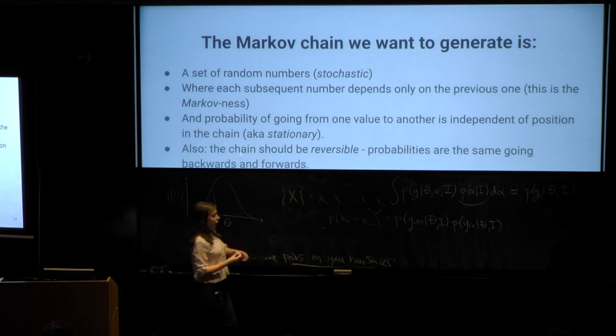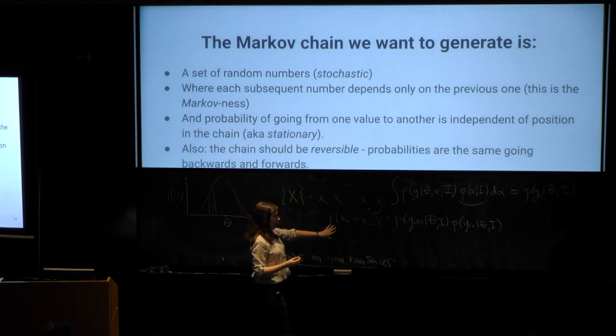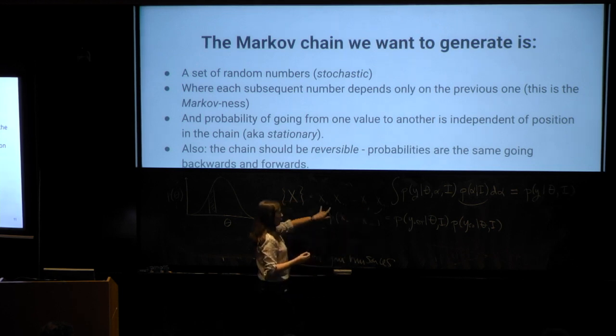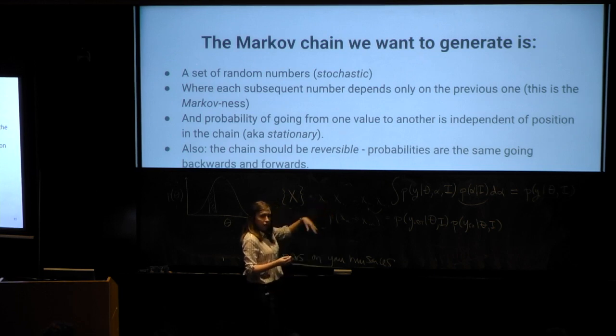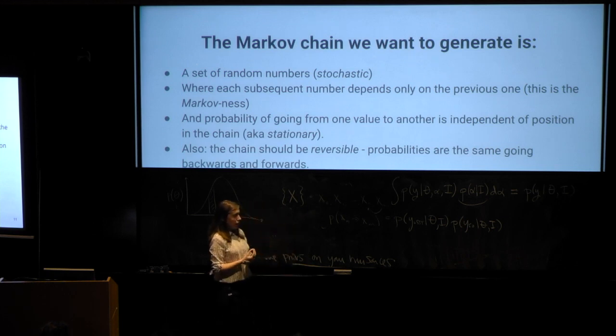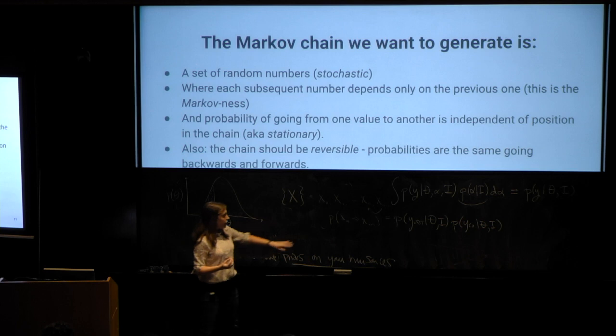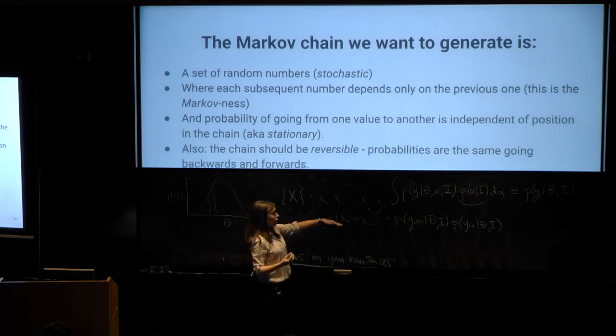That's saying that the probability of going from x of n to x of n plus 1 doesn't matter if you're here at x of n or if you initialized the chain here at x of n. This is related to the idea that you don't have a memory of where the chain has been. This number is going to be a constant throughout the whole chain of values.